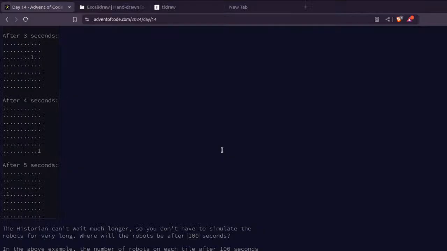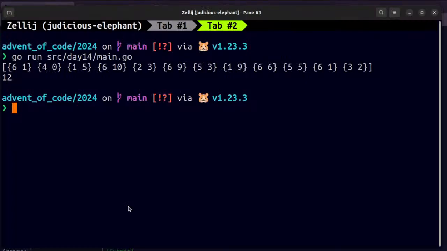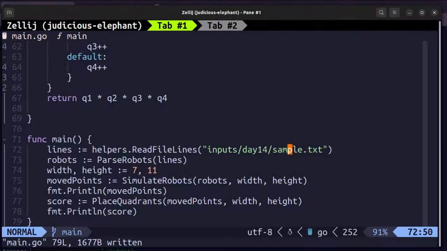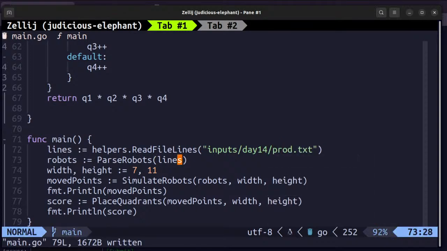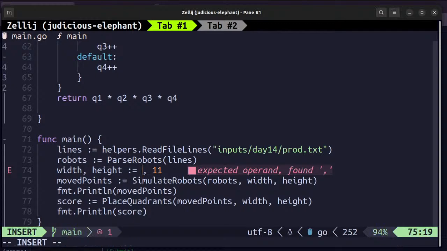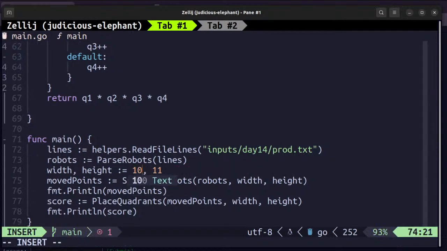Oh, that is correct. Yes, it was 12, right? So we already have the plot. Let me add 101, right? 101.